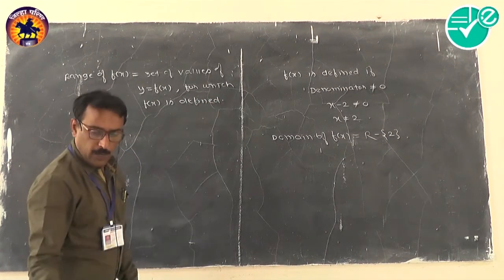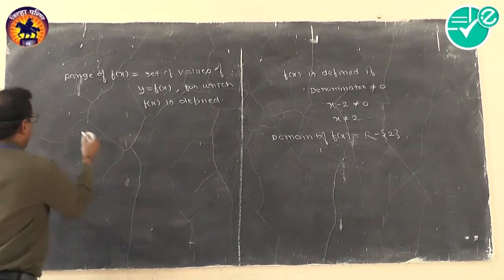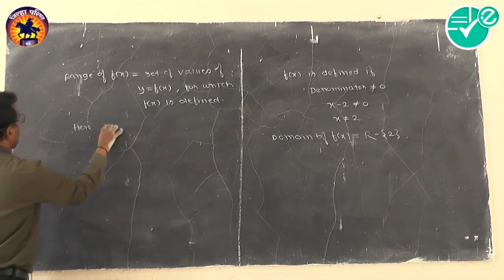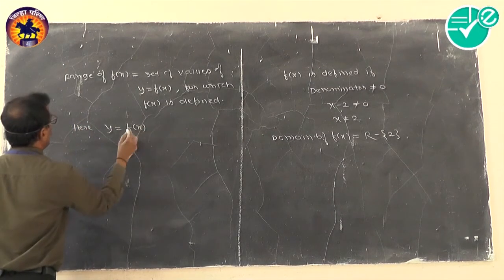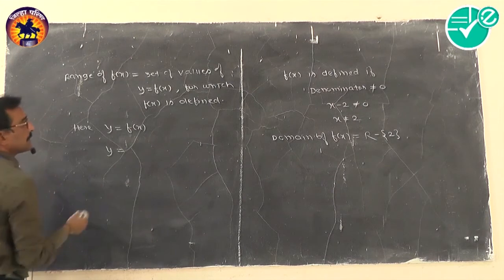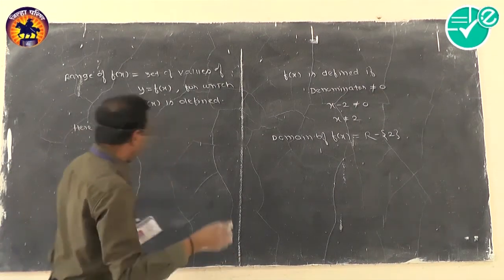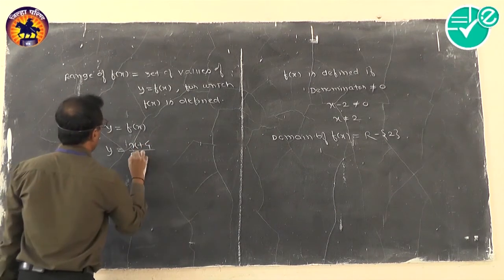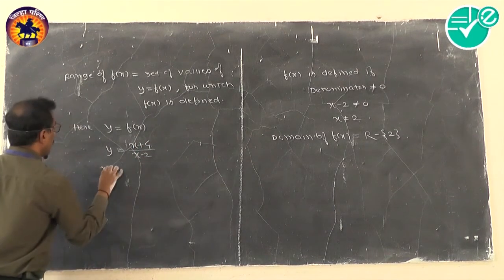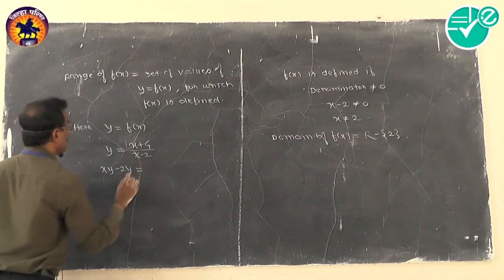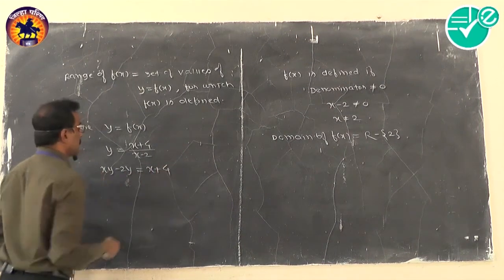Now we are considering y as f of x. Here y is equal to f of x, what is the function given? x plus 4 upon x minus 2. Cross multiply: xy minus 2y is equal to x plus 4.